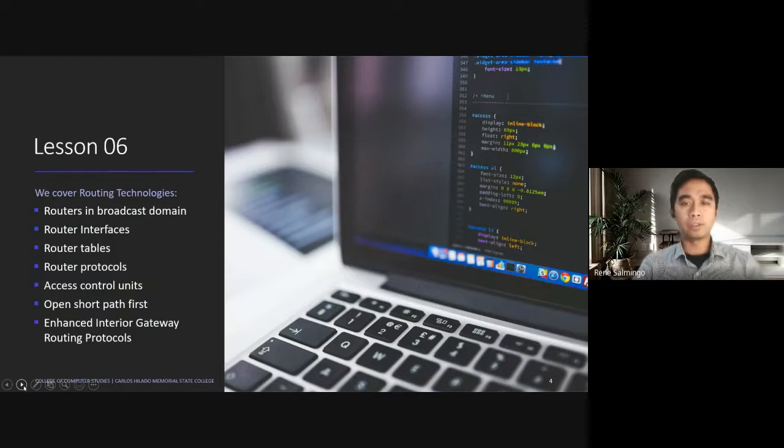For lesson 6, we have so many things to discuss. That's why I waited for your other classmates to have the opportunity to be in the class, but since there are problems with the internet connection, we'll have this recording for this lecture.